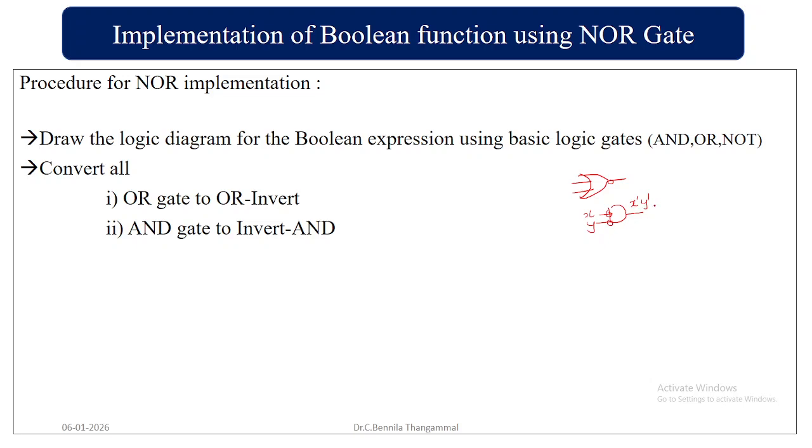A bar, B bar is nothing but A plus B whole bar, which is nothing but your NOR gate. So OR invert and invert AND are both the NOR gate.